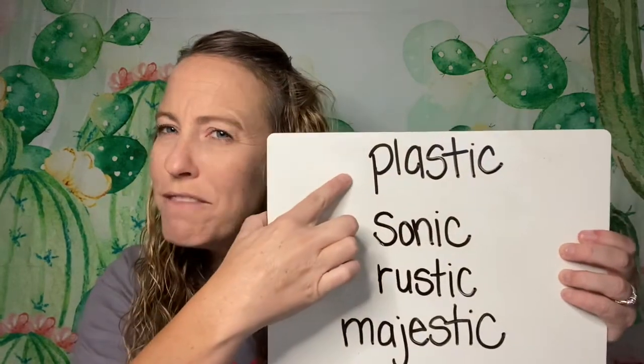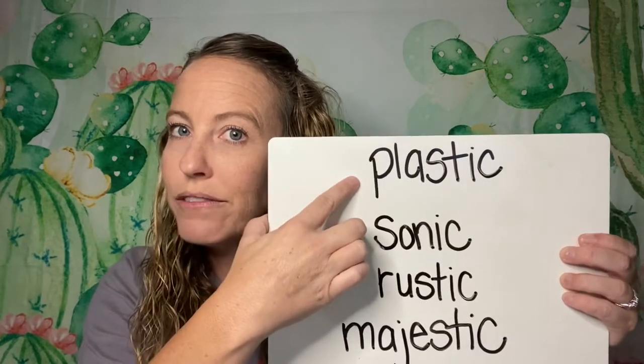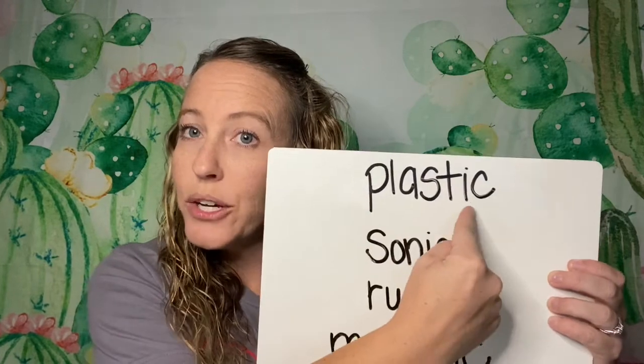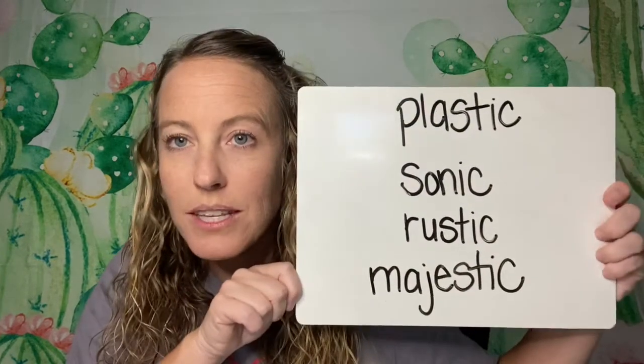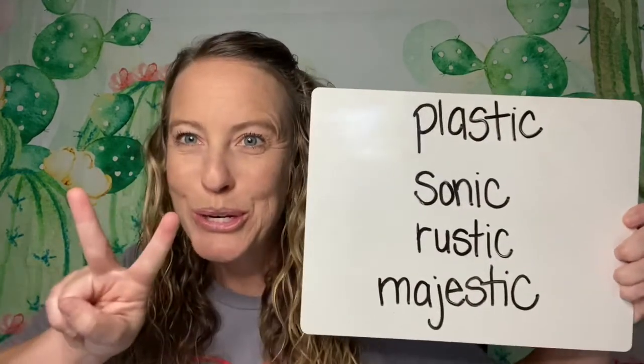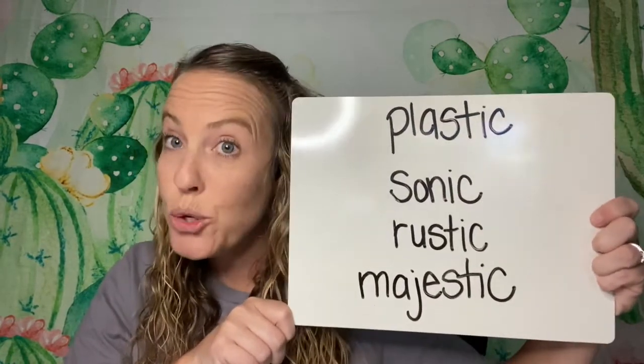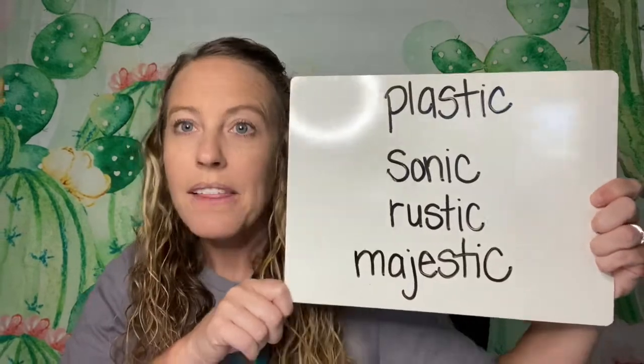So I want you to take a look at this word. How many vowels does this word have? Let's see here. 1, 2. How many vowels does this word have? 2. Good. So it's probably a 2-syllable word. Let's go ahead and see.